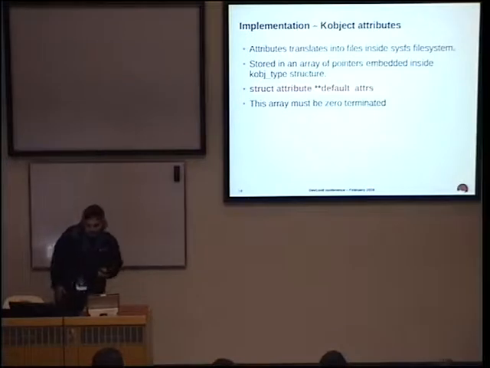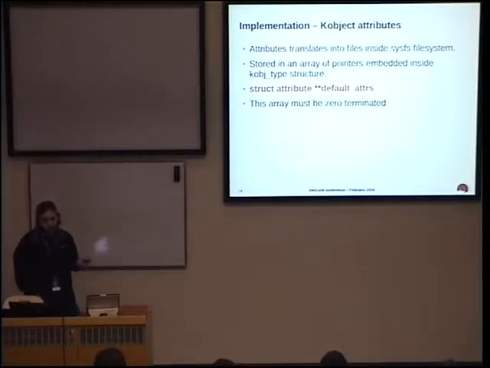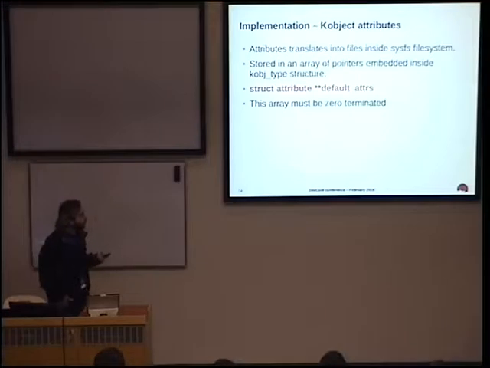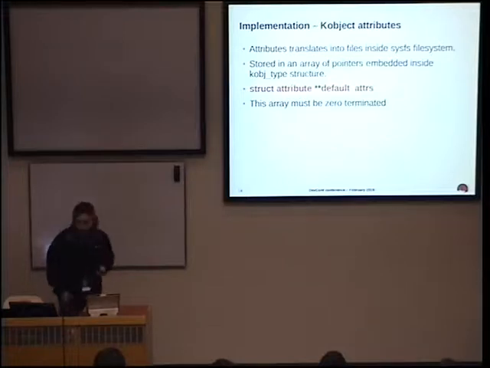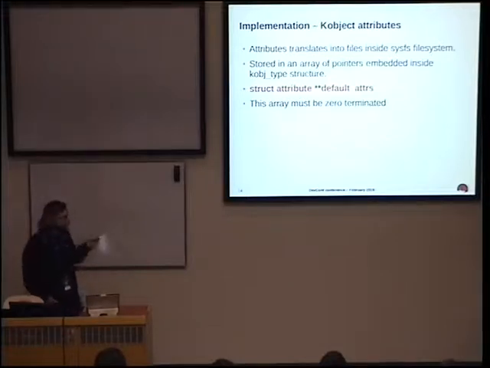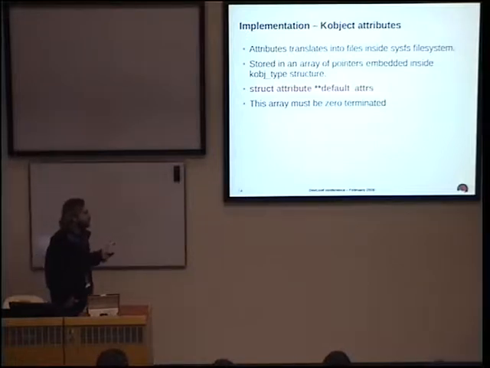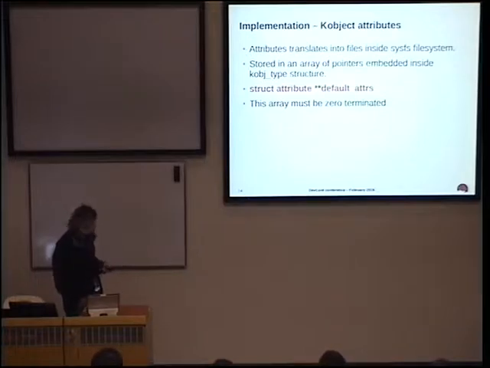And inside the KType structure, we have the default attributes pointer, which is basically an array of pointers to structures of type attribute. By implementation, this array should be zero terminated, so the kernel knows when it reached the end of the list.